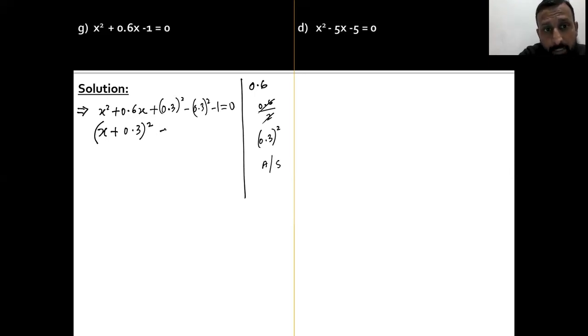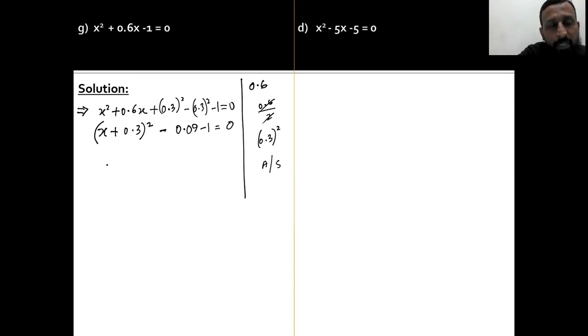Now the last two terms: 0.3, the whole square, minus 1. When you open 0.3 the whole square, it becomes 0.09, if I'm not wrong. Yes, it's 0.09. So x plus 0.3 the whole square minus 0.09 minus 1 equals 0.